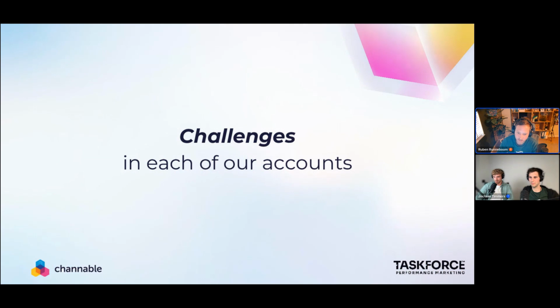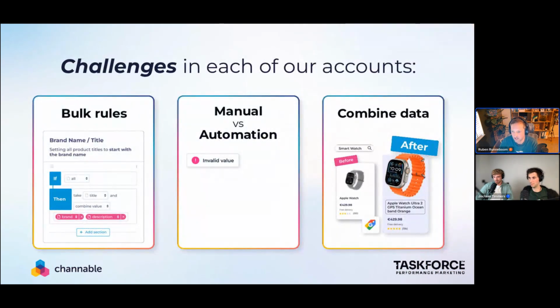We did this because we had a challenge in most of our accounts. For many people, it's pretty clear why it's relevant. Feed optimization tools like Channable are used when you want to make broad standardized changes to a large number of products in your feed at once, instead of writing individual rules for every case.